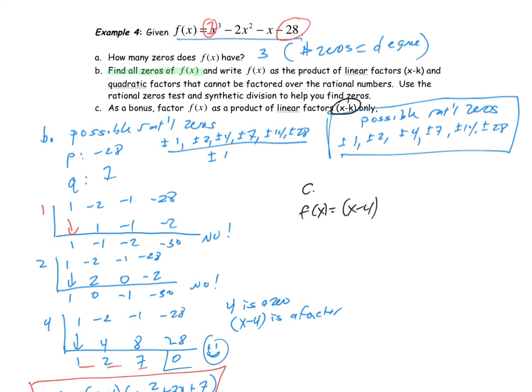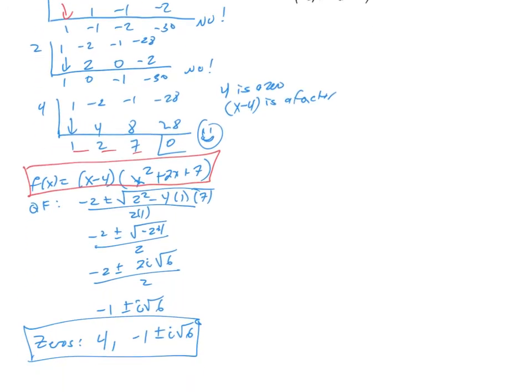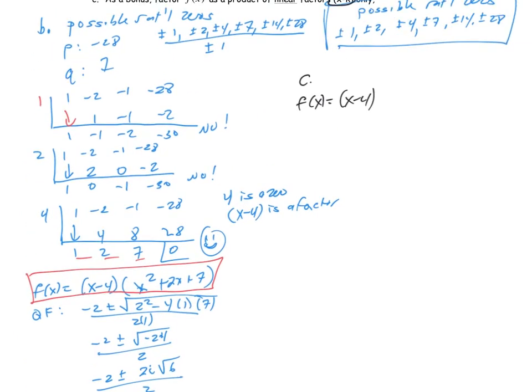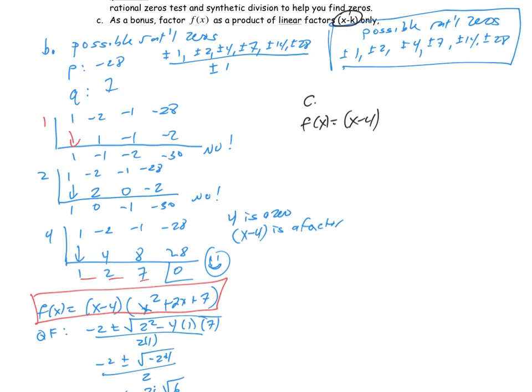And then we have the zeros at negative 1 plus or minus i radical 6. So we can write a factor of x minus negative 1 plus i radical 6. And then we'll also have the second one, x minus negative 1 minus i radical 6.